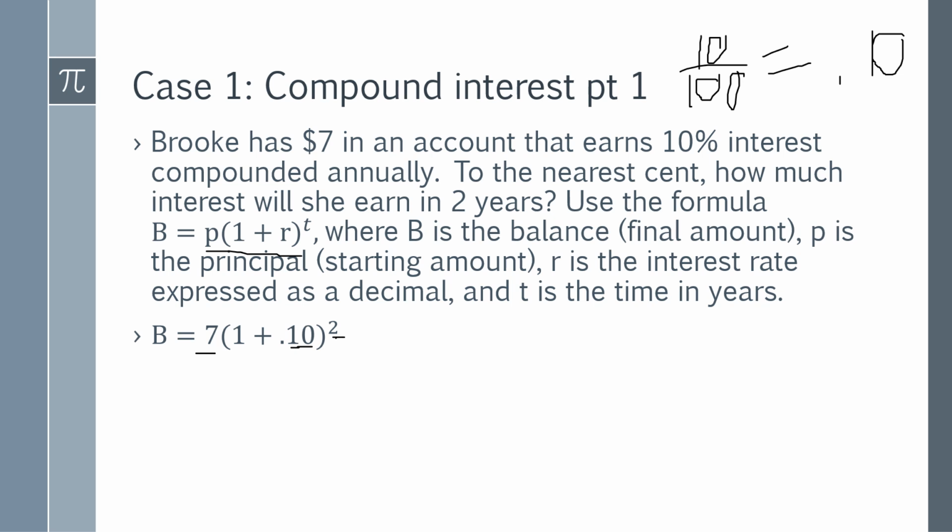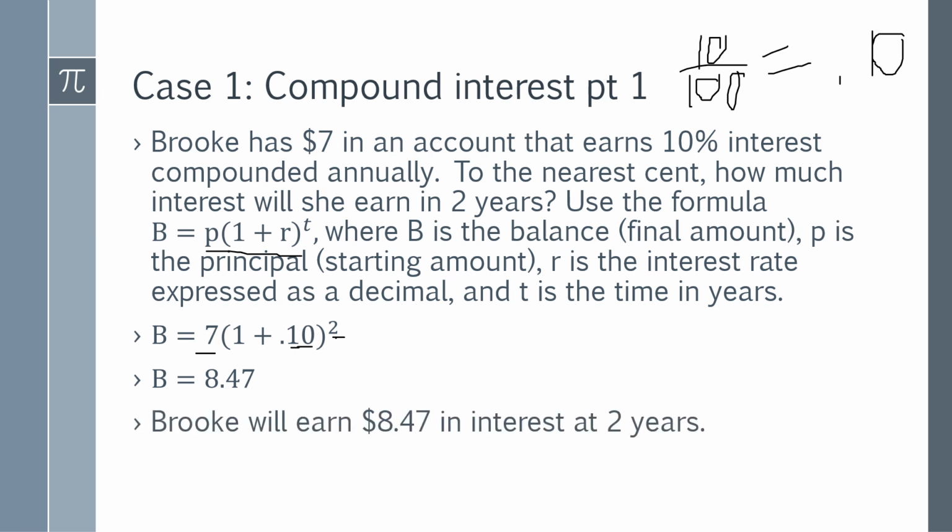So when we use decimals or a calculator to calculate this, you get $8.47. So that means after 2 years, Baruch will have $8.47.